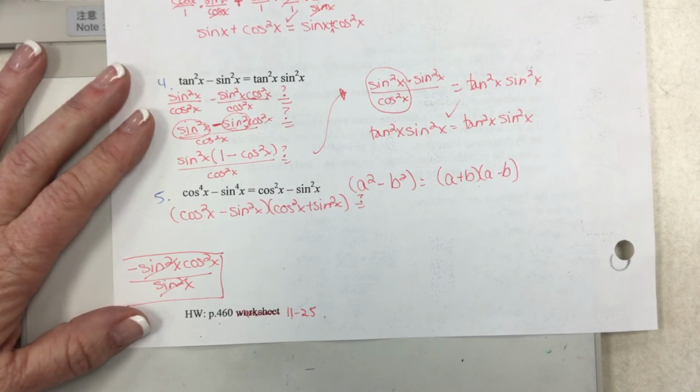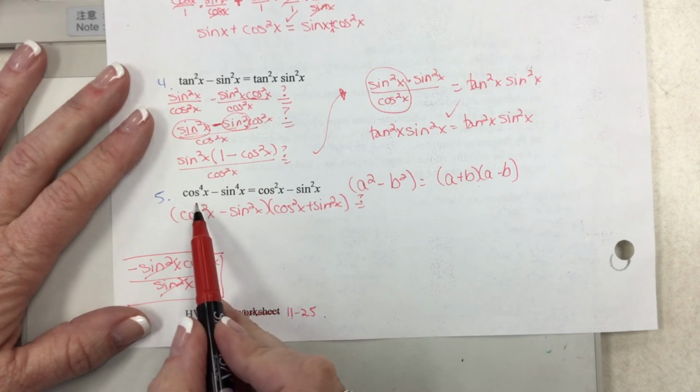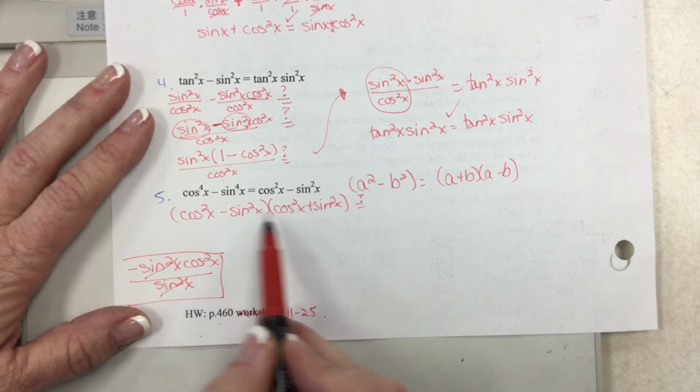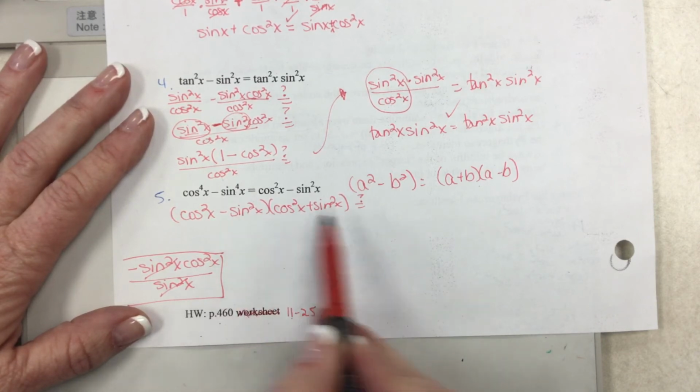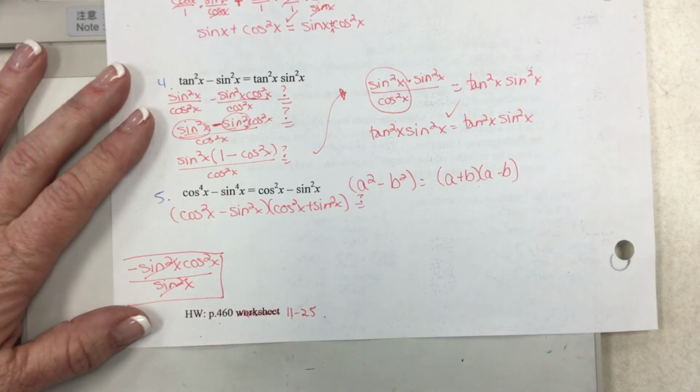Multiply that out in your head and see if you get to that. I do. Cosine squared times cosine squared is cosine to the fourth. Positive cosine sine squared, negative cosine sine squared, cancel. But negative sine squared times positive sine squared gives me my negative sine to the fourth.